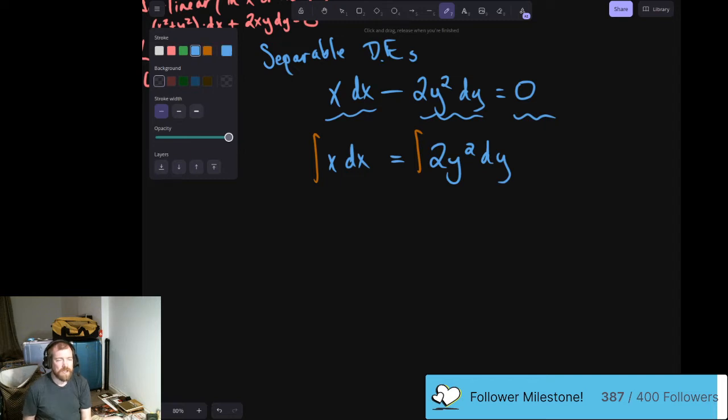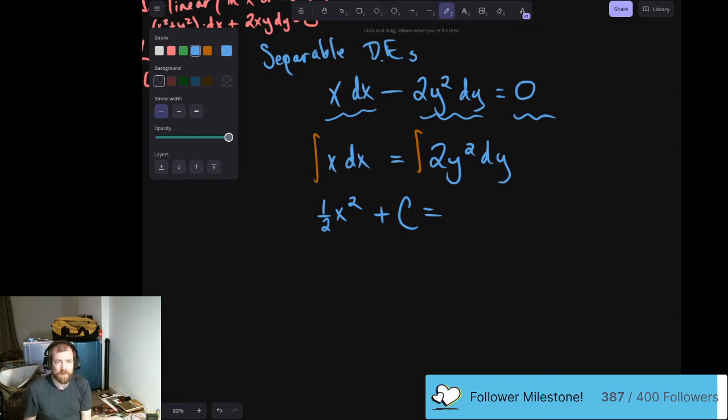This already had a dx and a dy attached on either side, so we could just look at it and say, if I take the integral, or antiderivative, of x dx, what do I get? Well, this is a power rule, so this is going to be a half x squared plus c, and yeah, okay, we'll do that.